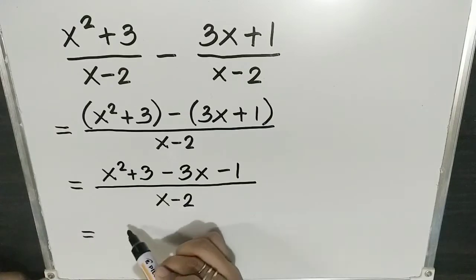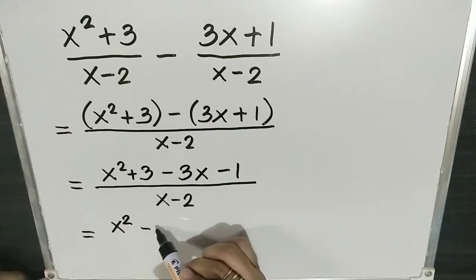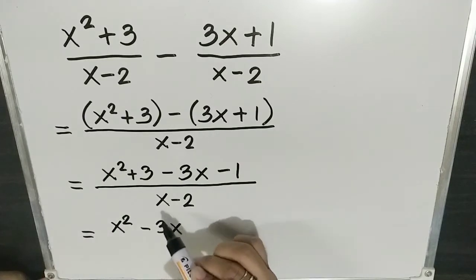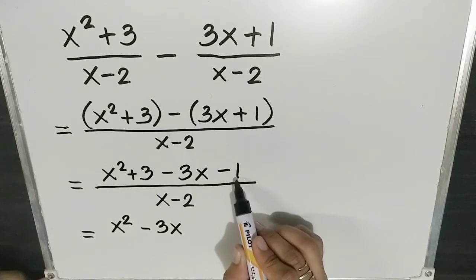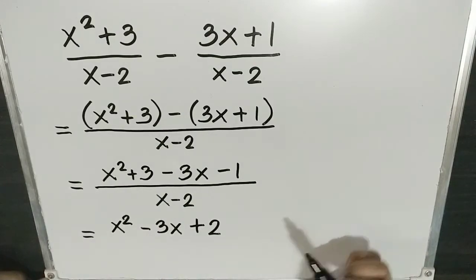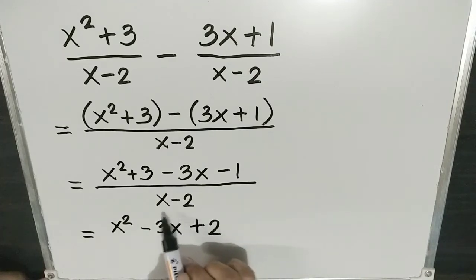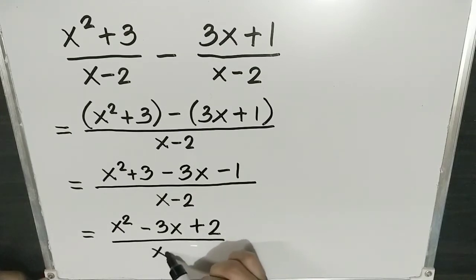Let's simplify this one. x squared. Then we have negative 3x. Then the constant, positive 3 minus 1 is positive 2. So I have to arrange the terms in the polynomial. Okay. Then x minus 2.